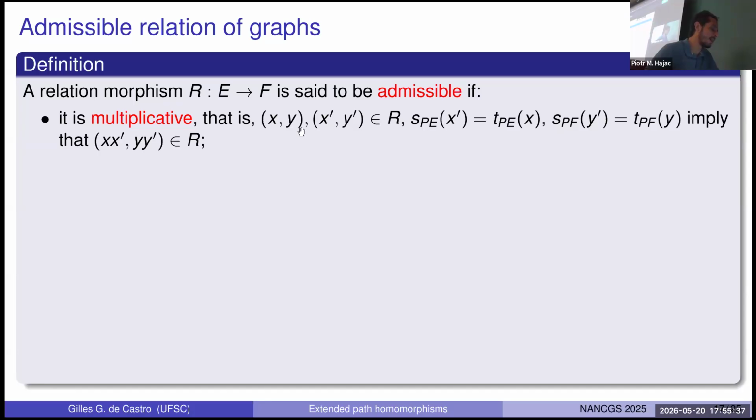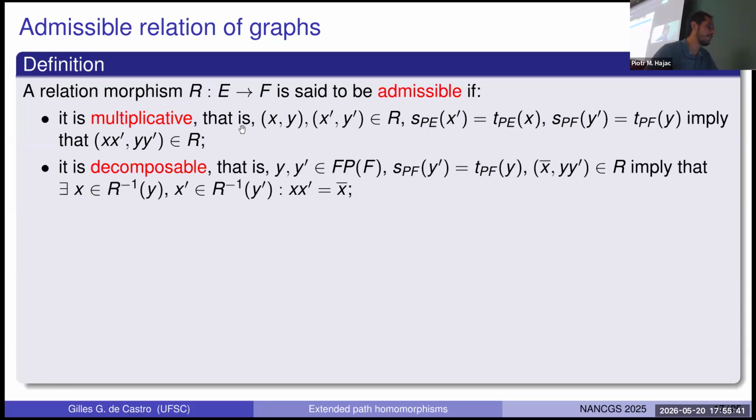Because we want to have algebra homomorphisms, we need these two properties. One is the multiplicative. If we can compose x and x prime, and y and y prime, then the concatenation should also be related. But we also need to be able to decompose in the first coordinate.